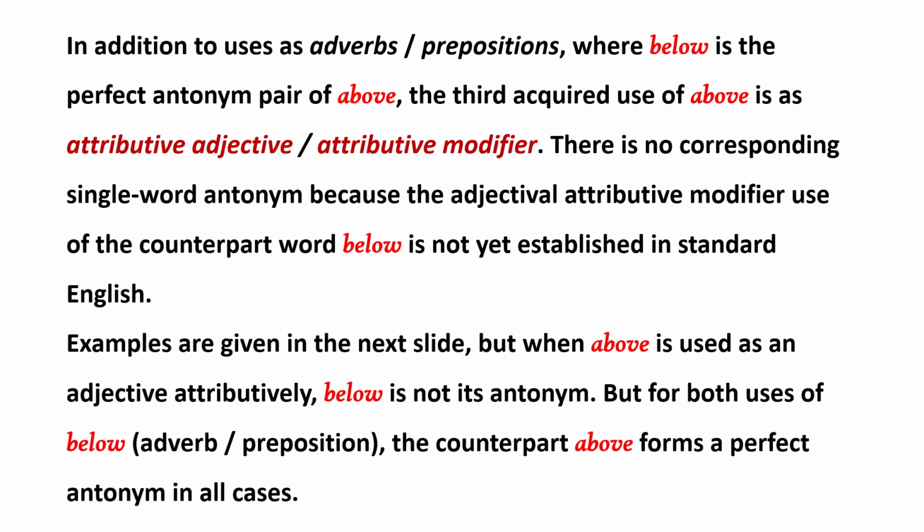Examples are given in the next slide, but when above is used as an adjective attributively, below is not its antonym. But for both uses of below, adverb and preposition, the counterpart above forms a perfect antonym.